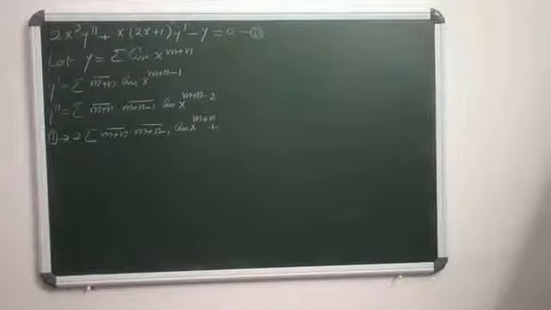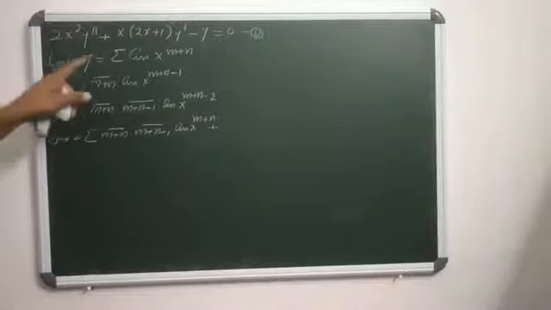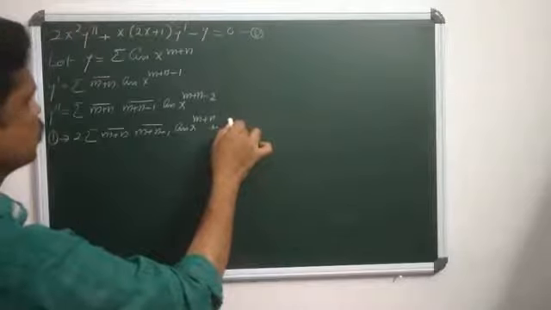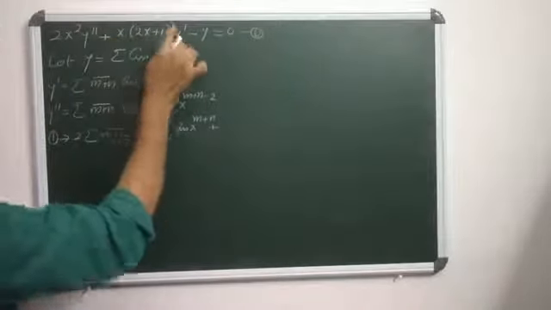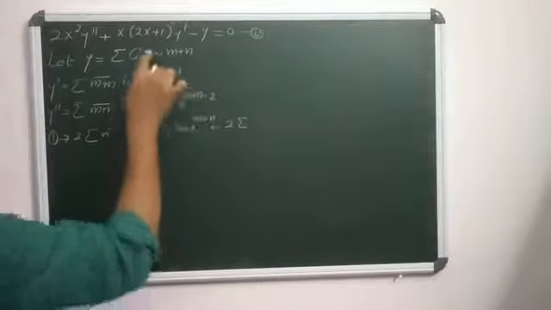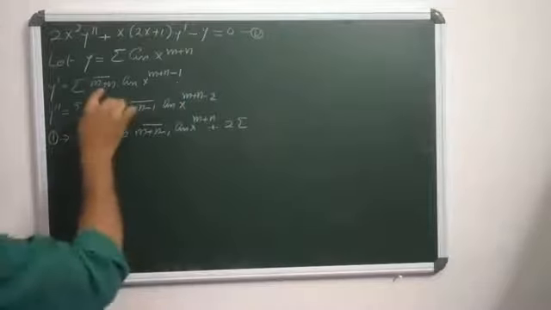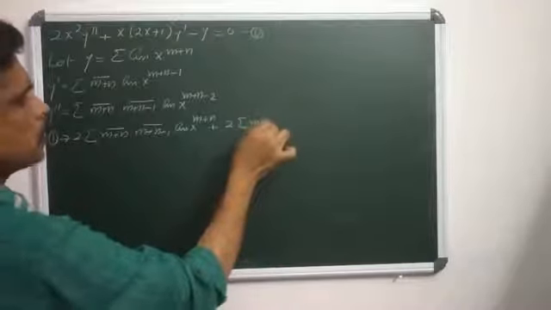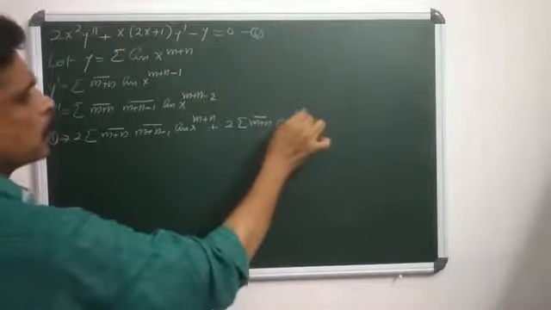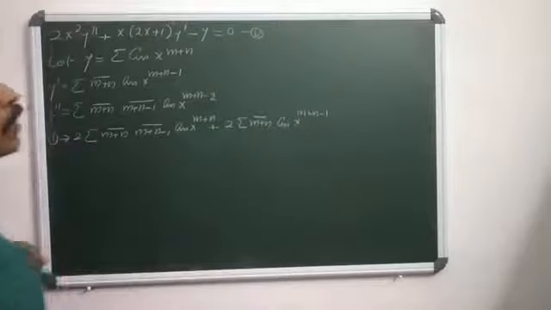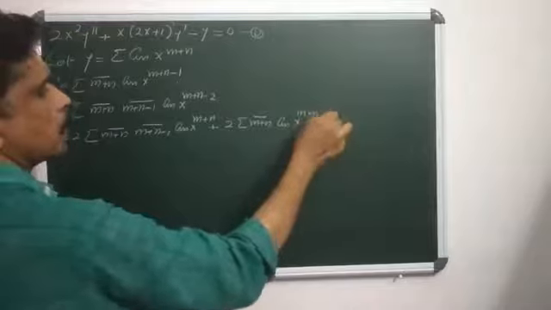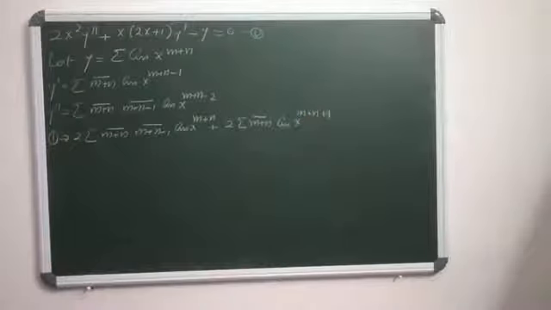So 2x square y dash, it is again 2 into sigma, what is y dash? (m+n) a_n x^(m+n-1), plus 2 means it is x^(m+n+1).